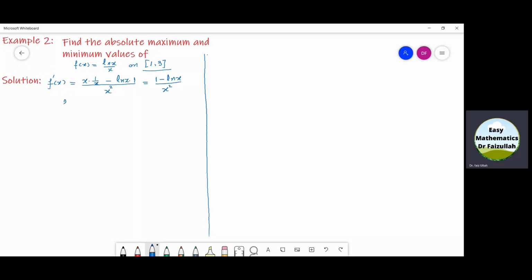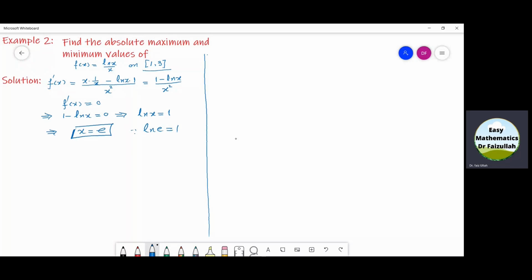To find the stationary points, let us put f dash of x equal to 0. And from here, we get 1 minus log x is equal to 0, which gives log x is equal to 1. And this will give us the first critical point, x is equal to e, because log e is equal to 1.